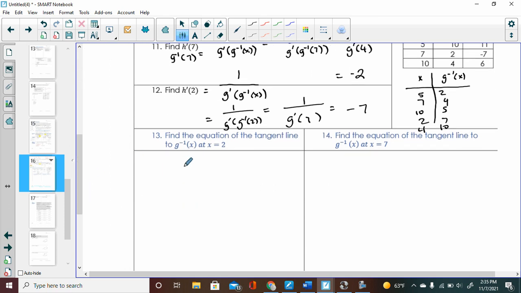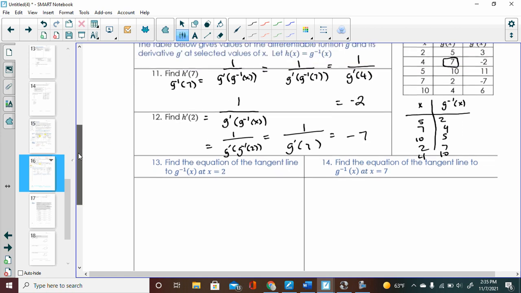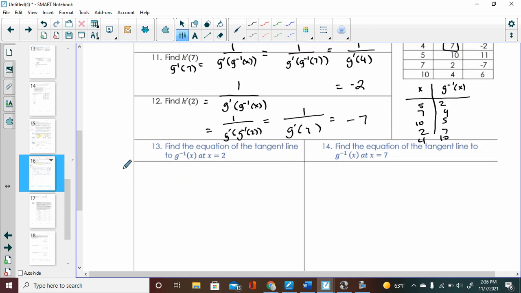So let's work with some equations. It says find the equation of the tangent line of this inverse at x equals 2. So, all right. So the point of tangency is going to be x and then g, the inverse of x, so that y value for it.